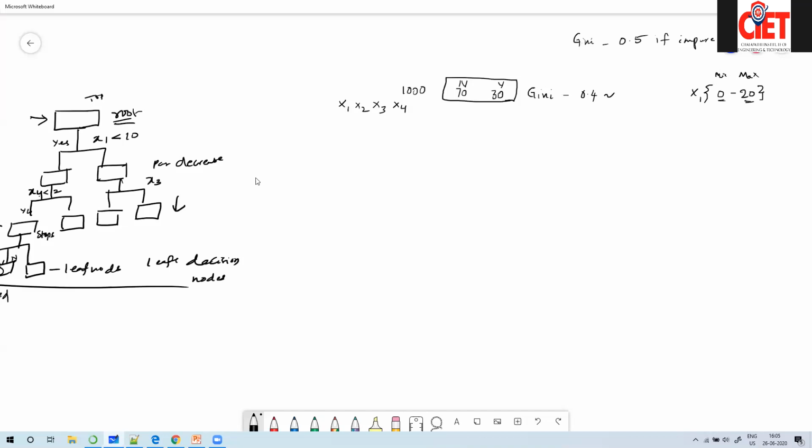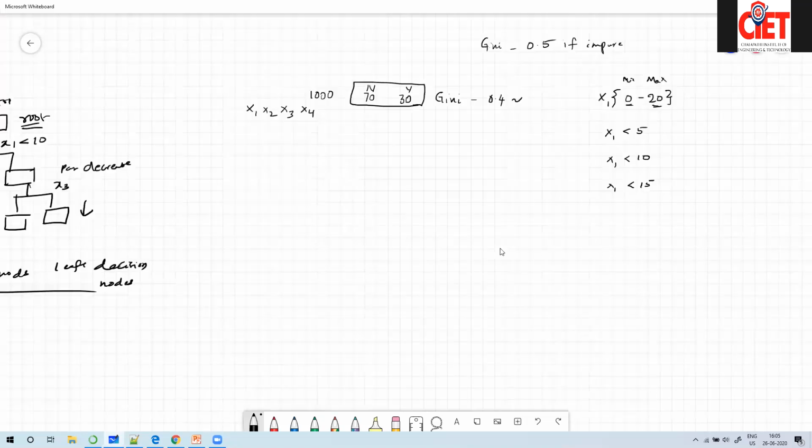Now we create split points in x1 like this. Let's say we create split points based on the 25th percentile. Then it would be x1 less than 5, x1 less than 10, x1 less than 15. That's the 3 split points that we have in x1.